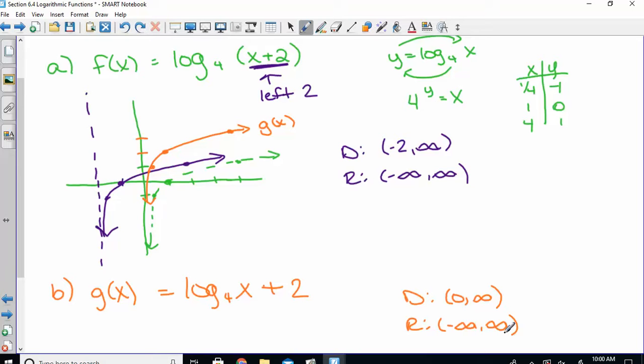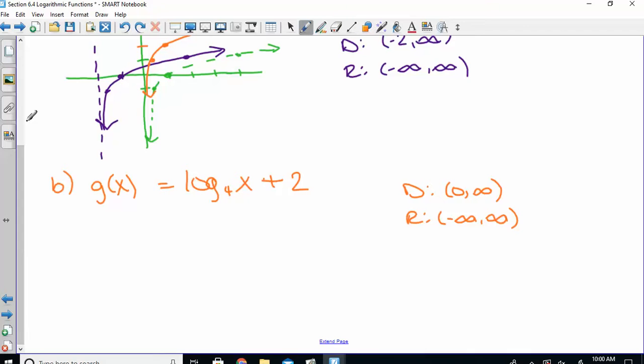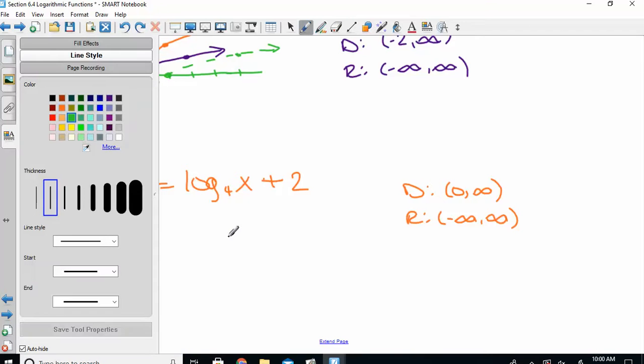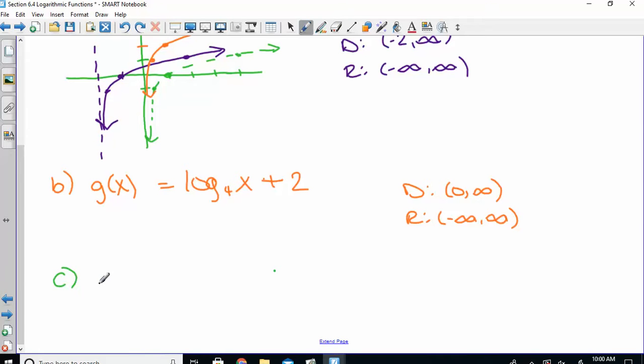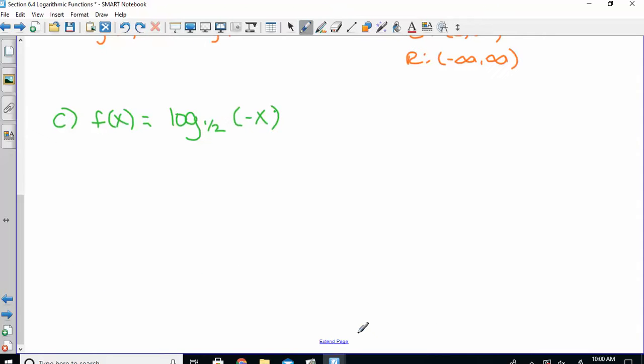Let's do another one. Let's say I asked you to graph log base 1/2 of negative x. So is this the same parent function?